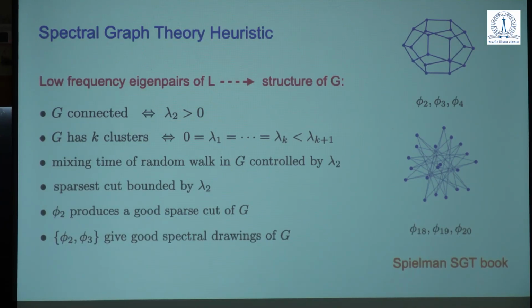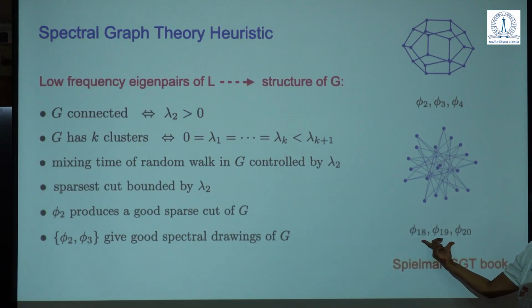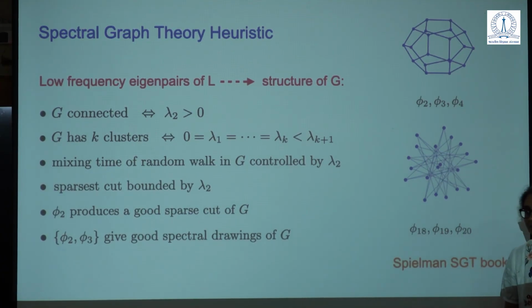So I could embed this graph using 3 eigenvectors, or 2, or any number really. If I put it in 3, I can see it. That's why I use 3. So those are the low eigenvectors. Here are the highest 3 eigenvectors. If you use that, this is what you get to embed the graph, okay?